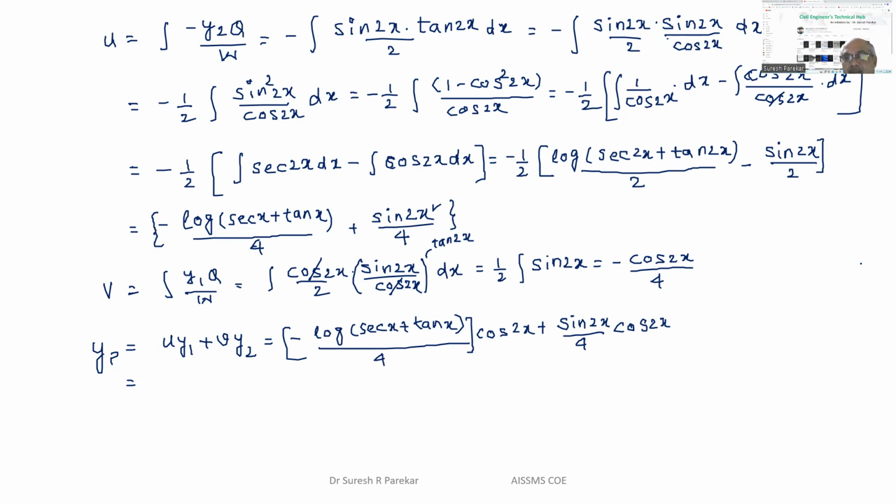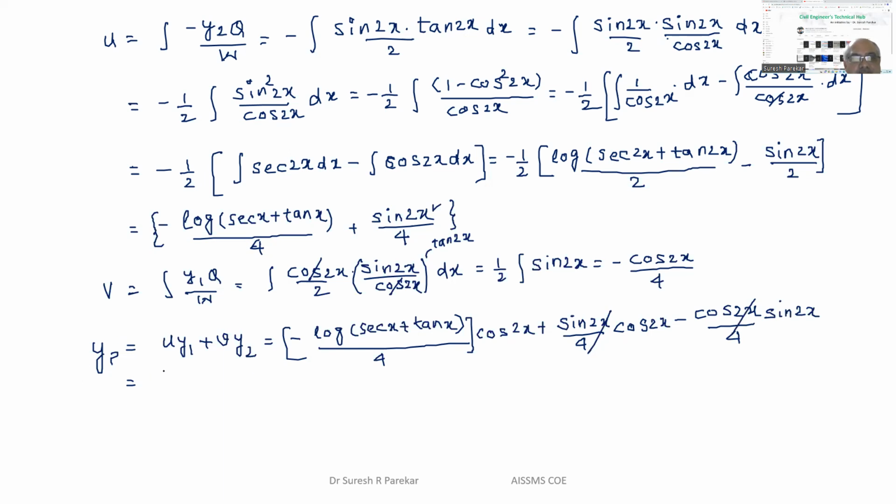And then below that we have v into y2, which is minus cos 2x upon 4 and y2 is sin 2x. Now you can see this sin 2x cos 2x has a minus sign and the other sin 2x cos 2x has a plus sign, so these two get cancelled.